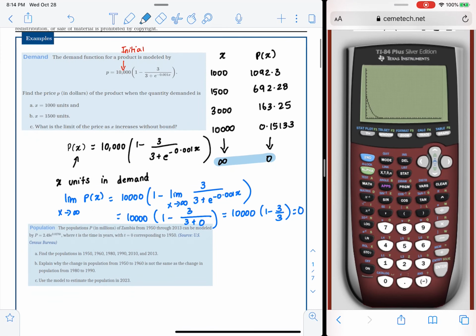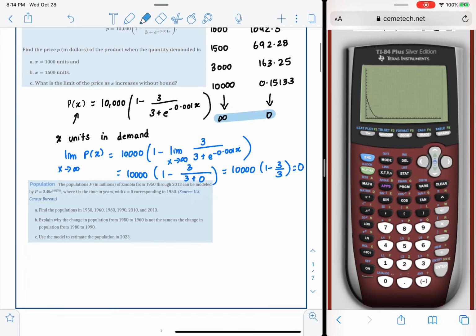So you can either use the limit to find the limiting value, or you can use the calculator to determine the limiting value. So here is another problem on exponentials.